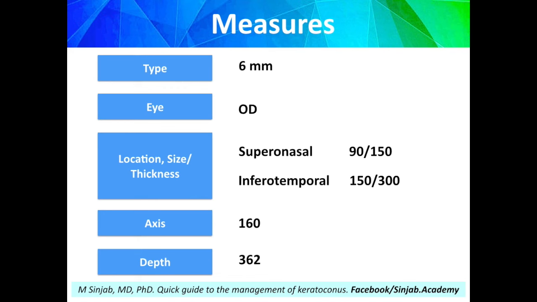One is superior nasal, 90, 150, and another one is inferior temporal, 150, 300. And because we reduced the thickness by 50, this will be on the account of the spherical correction, which is not a matter in the 6 millimeter type. The axis that should be used is 160, and the depth is 362.